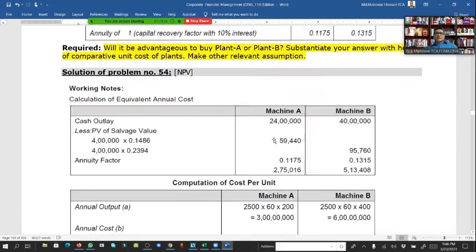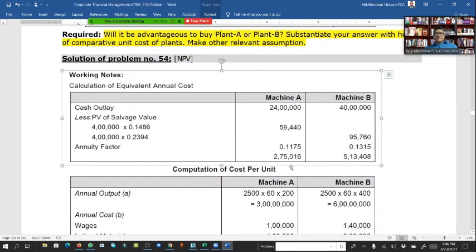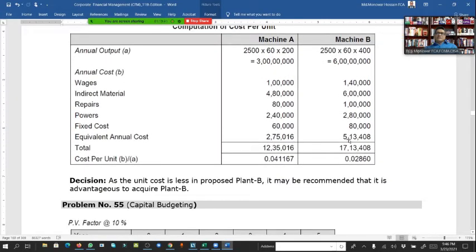This one is no problem. The equivalent annual cost is there, 2,75,016. Here 5,13,408. Putting here 2,75,016 and 10 lakh. So here the total cost is that, and cost per unit: 12,35,016 divided by the number of units, 3 crore.